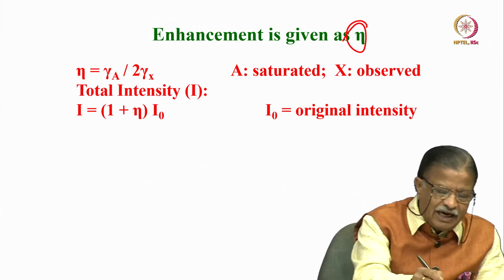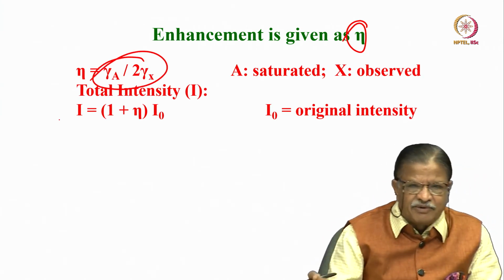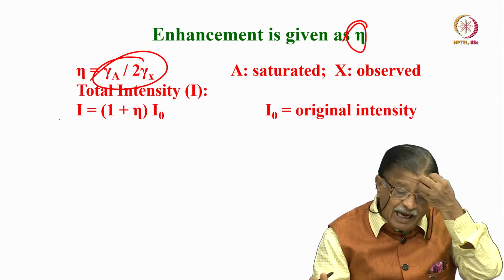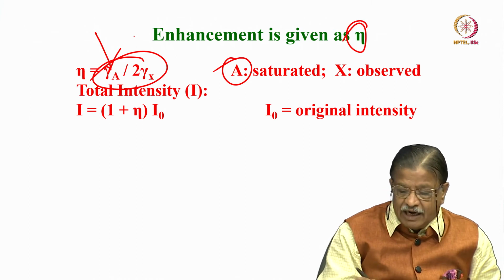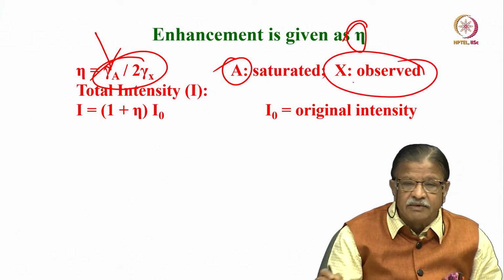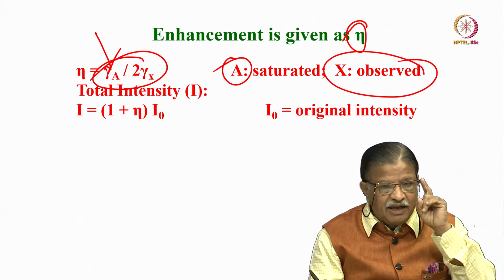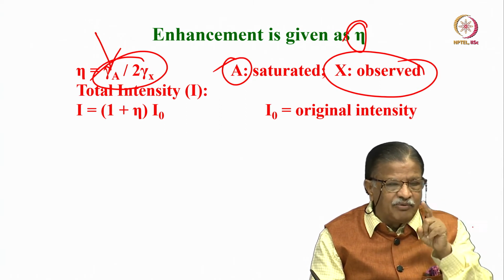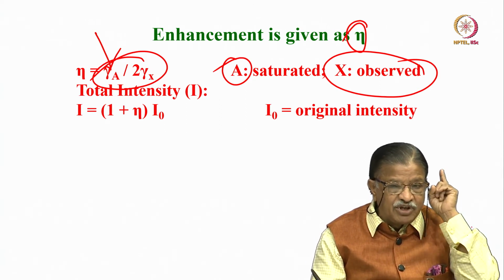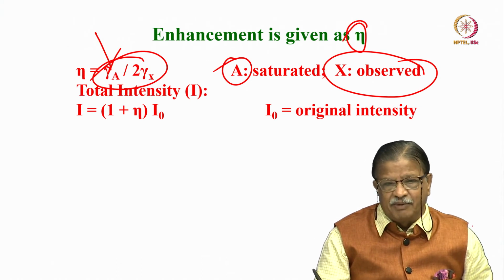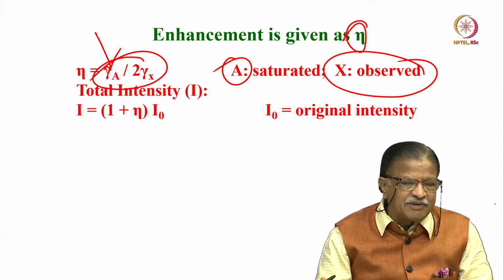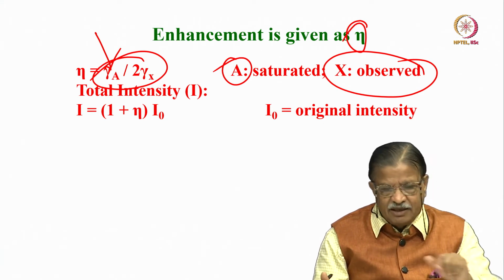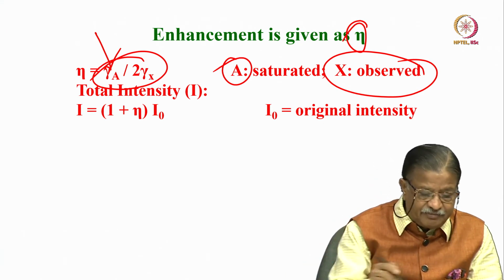As I told you, eta is given by gamma A over 2 times gamma X. A is the saturated spin, I am irradiating A, and X is the observed spin. Please remember, which nuclei you are observing and which nuclei you are disturbing by irradiating with RF defines the enhancement in the intensity, because these two parameters are different here.